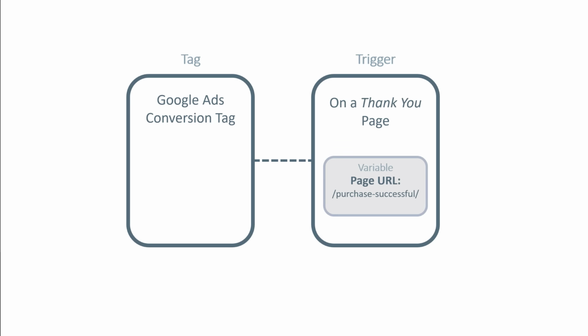So the page URL in this case is the variable that we use in the trigger. And then, together with the Google Ads conversion tag, we want to send the order total. So that's another variable. If this still sounds confusing, don't worry. We will soon be using those variables in action, and then you should start understanding this concept better.